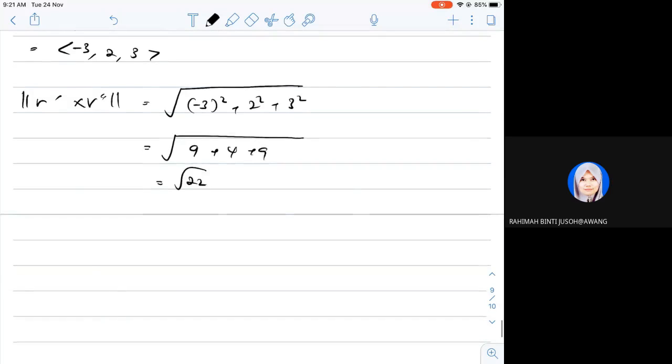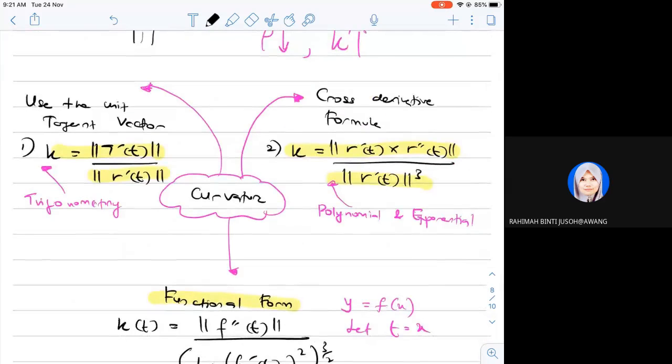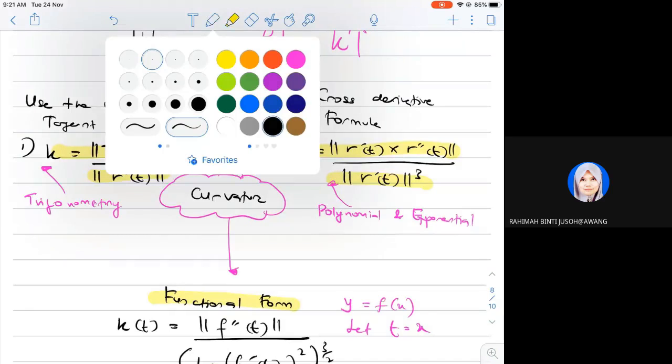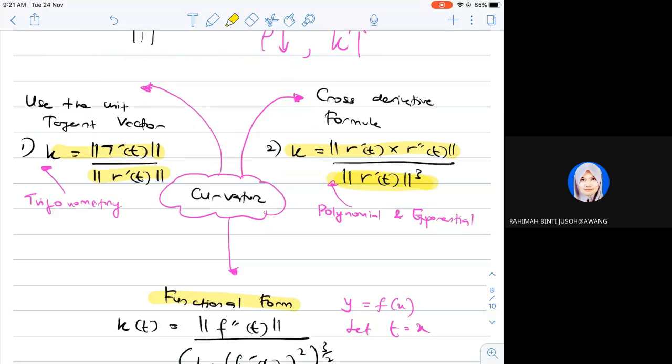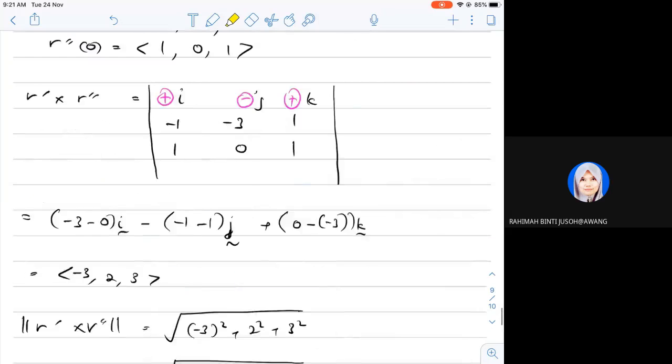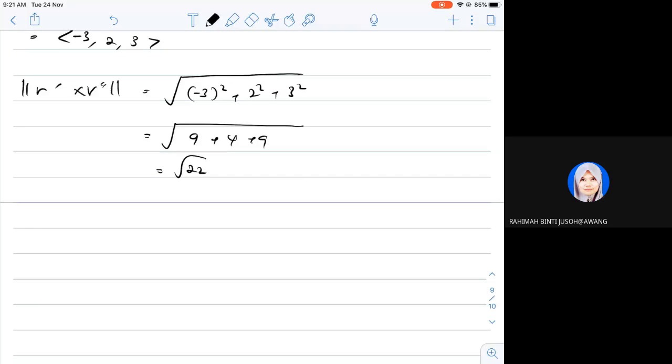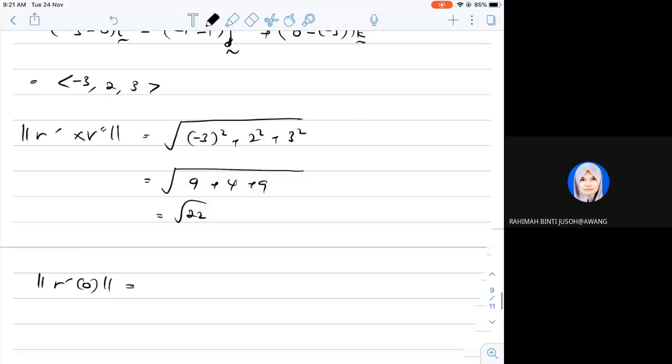Okay, so after that, the formula involves this. Okay, magnitude of r prime t. So magnitude of r prime t, r prime 0, right? Okay, r prime 0 from earlier. So where is r prime 0?